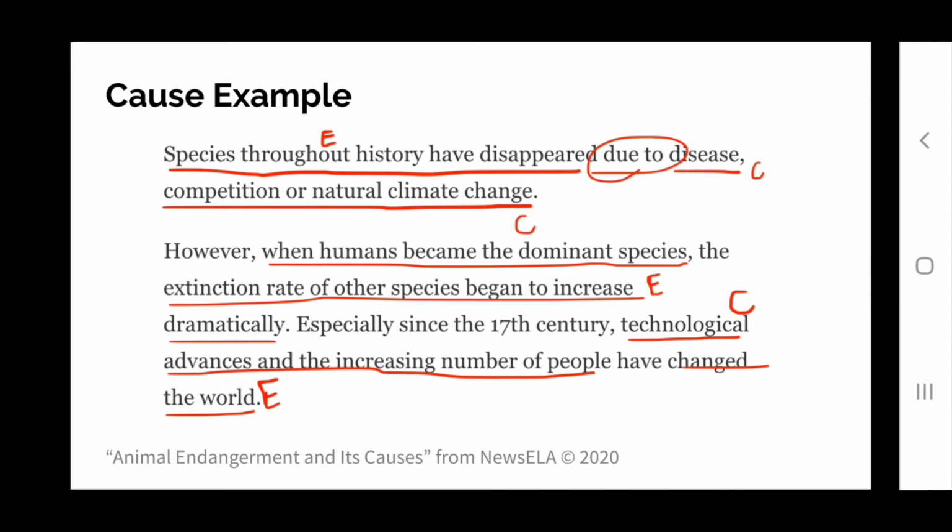Okay? Next, when humans became the dominant species, that's the cause. The extinction rate of other species began to increase dramatically. That's the effect. Especially since the 17th century, technological advances and the increasing number of people, that's the cause, have changed the world. That's the effect. Okay?